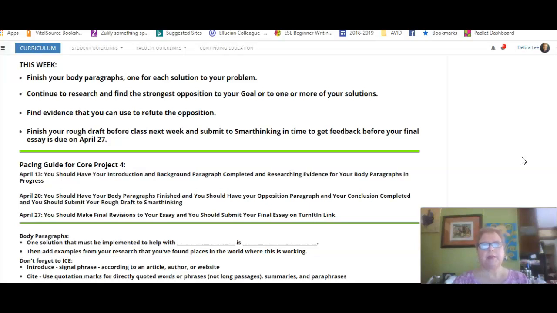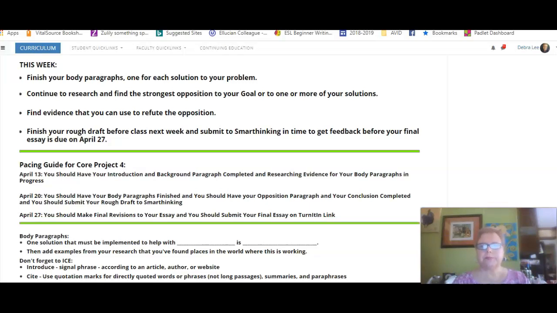So at this point, you should have finished your introduction paragraph and your background paragraph, and you're ready then to start with your body paragraphs. You want to have one body paragraph for each solution. So in your thesis statement or in your claim, you have made the claim that there are three workable, sustainable solutions that can help with whichever problem that you're addressing in your paper.